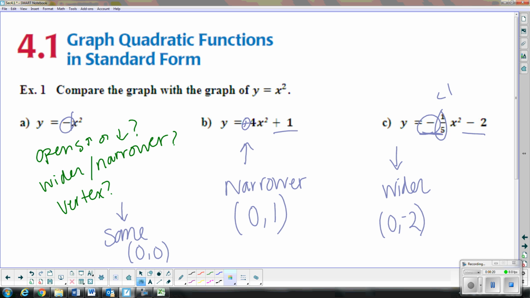Now, in these cases, this c value has been our y-coordinate of the vertex. However, that is not always going to be true. So we can't generalize with that, but we've got a new formula for a quadratic equation that will let us generalize our vertex. C is not always the y-coordinate of our vertex.